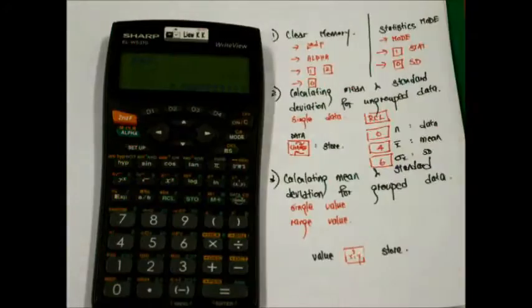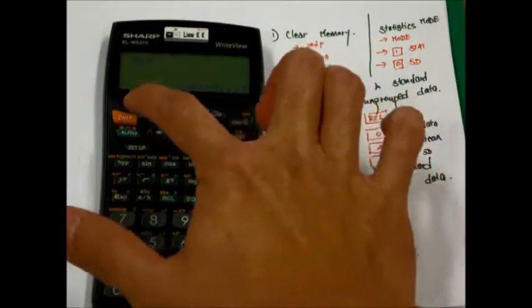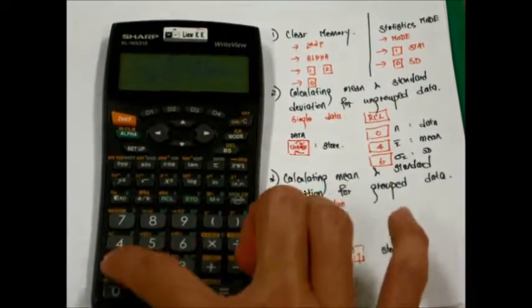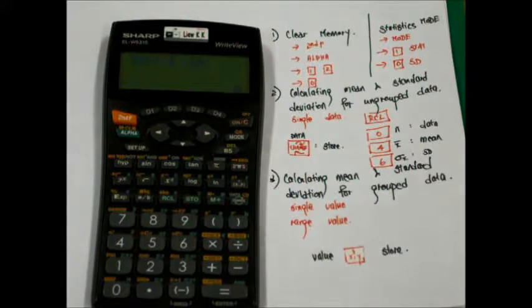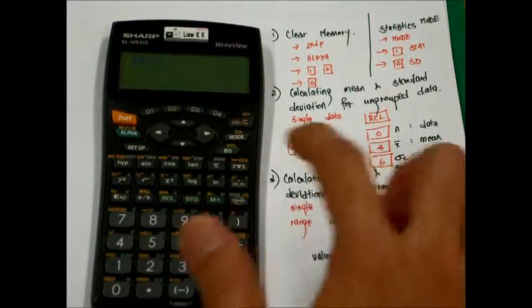Now, we are ready to begin. Clear the memory. Next, we are ready to enter our data. First, we have 15. The frequency is 9.